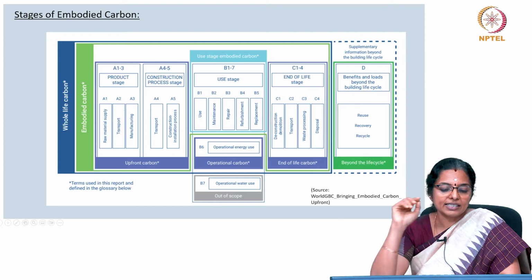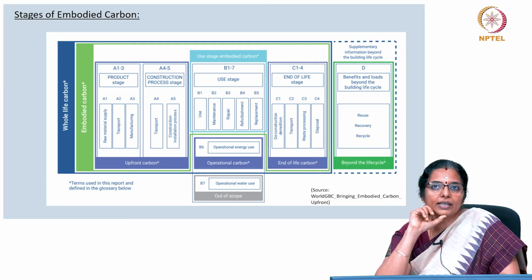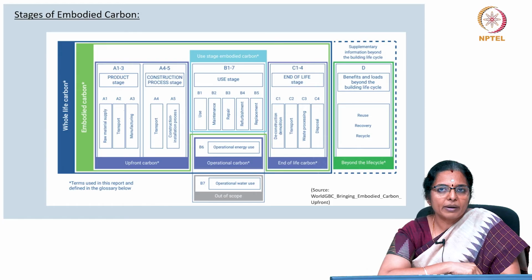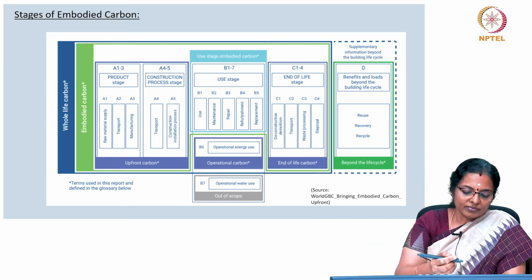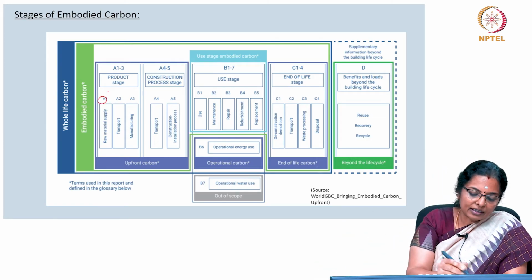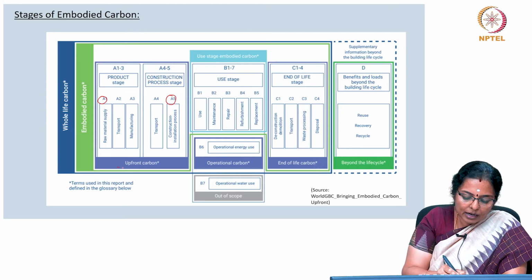Let us look at the stages of embodied carbon. The first stage of embodied carbon is called upfront carbon. What is upfront carbon? The emissions caused in the materials' production and construction phase, that is from A1 to A5, is called upfront carbon.